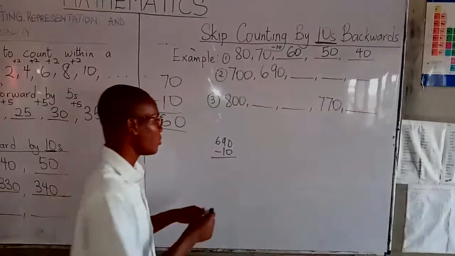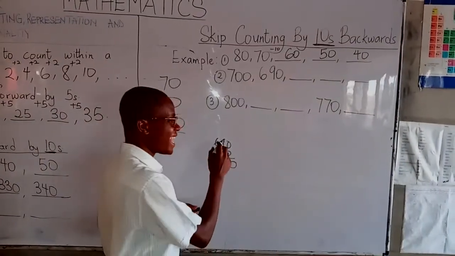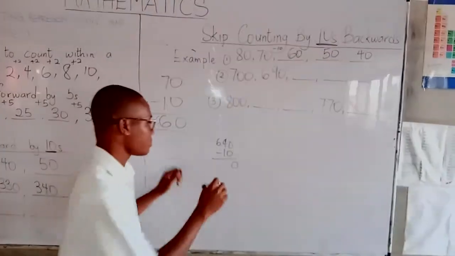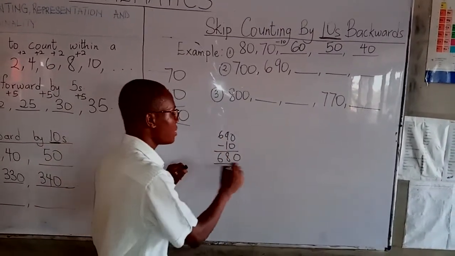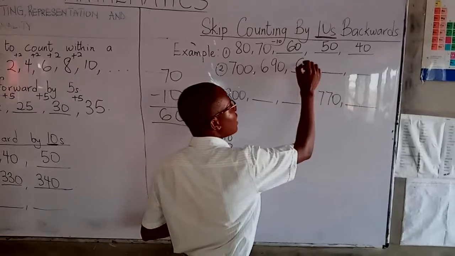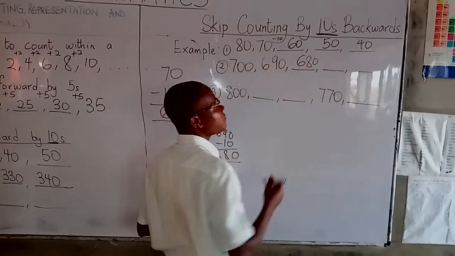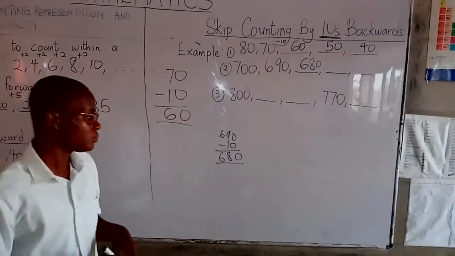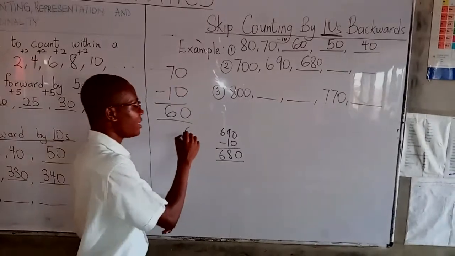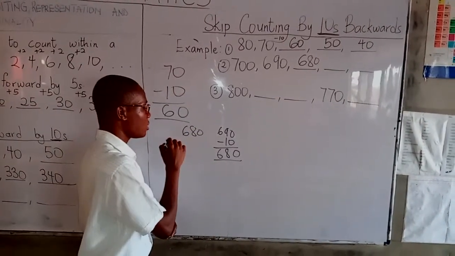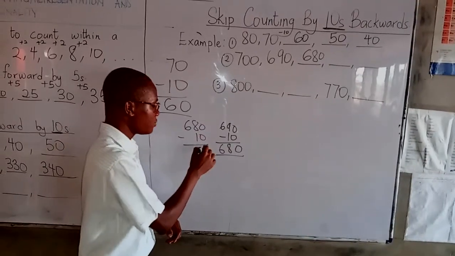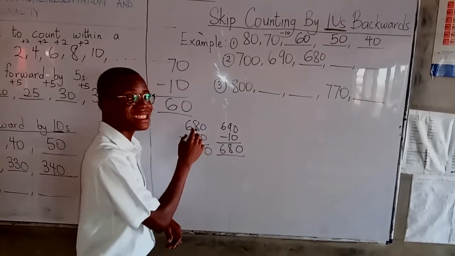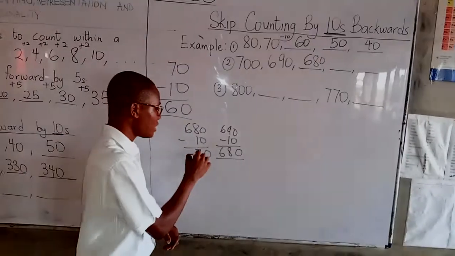0 minus 0 gives you 0. 9 minus 1 gives you 8. Then a 6 drops down, giving you 680. Now 680 minus 10. 0 minus 0 gives you 0. 8 minus 1 gives you 7.